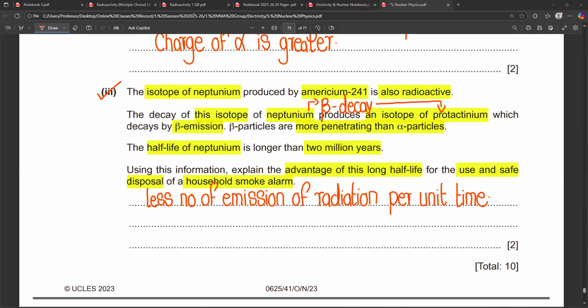And if we talk about another point, because this question is for 2 marks, this will give you only 1 mark.